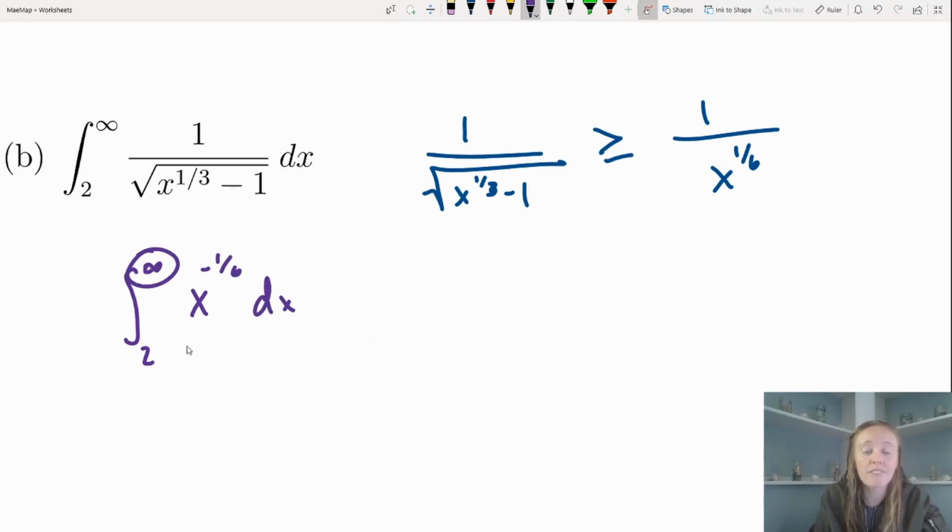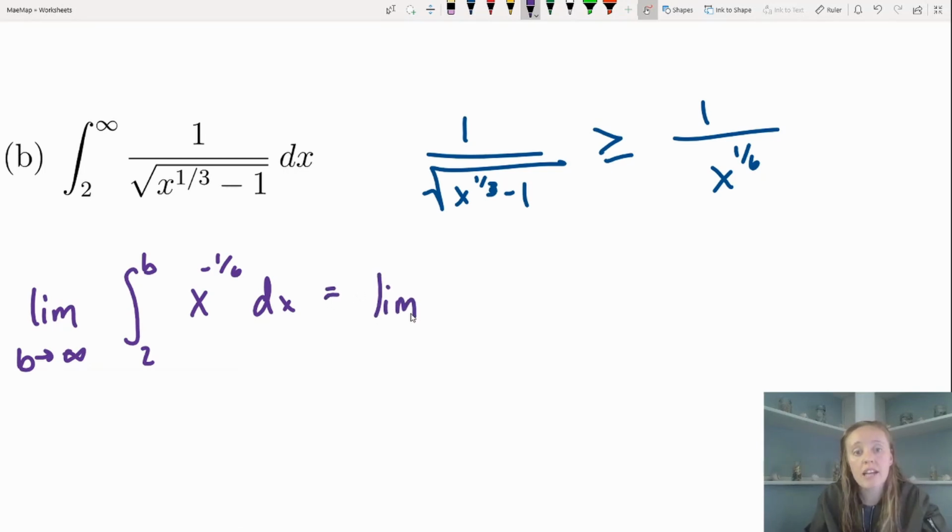But because I have this infinity as a bound, I'm going to take the limit as b approaches infinity, and I'm going to plug b as my upper limit. So this is going to equal the limit as b approaches infinity. Let's go ahead and integrate x to the negative 1/6, adding 1 to that, negative 1/6 plus 6/6, is going to be 5/6.